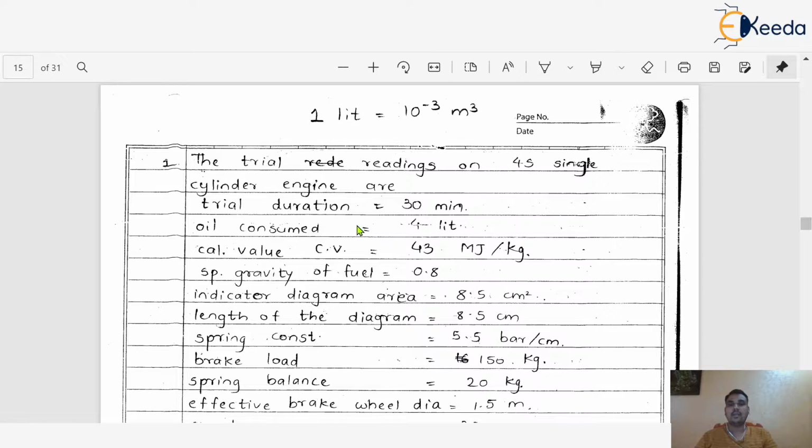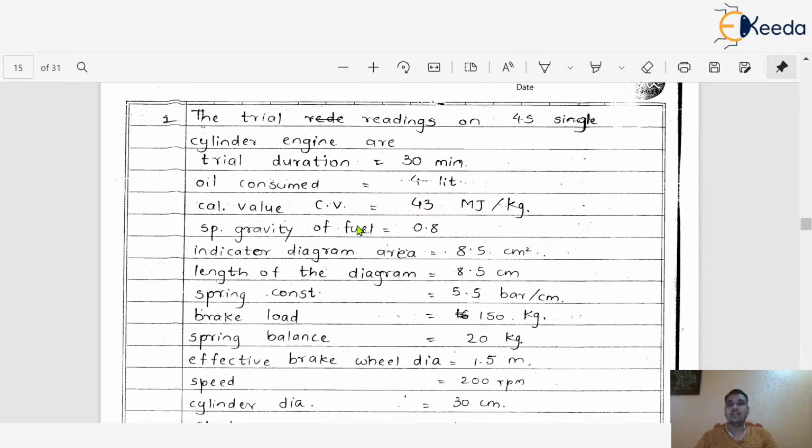With the help of this example, we are going to discuss the different varieties of numerical on this particular topic. So let us consider the statement of the problem.